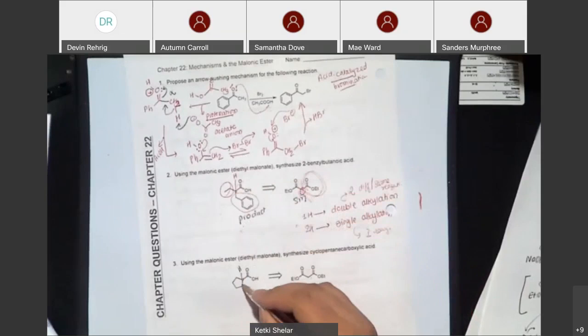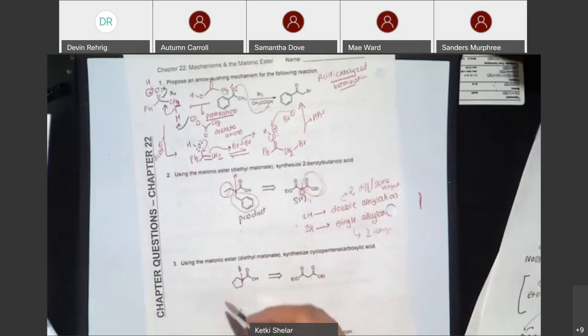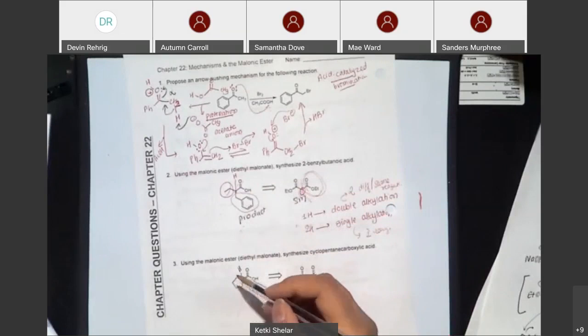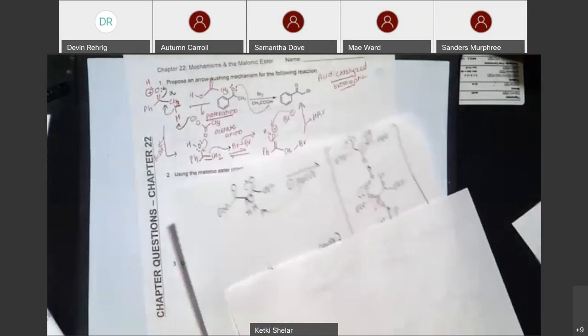So if this carbon belongs to this, how can a cyclic ring be formed, right? That is a simple thing. It means we have to form a monoalkylation and then do a ring closing mechanism, which can be considered a double alkylation. So moving to that part, let's begin with our first step.